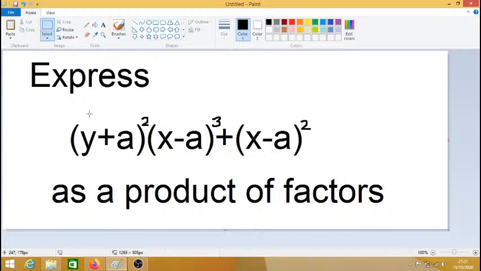Hopefully you've spotted the common factor. A little bit hard to spot correctly on this one. You'll probably get a version of it, but to get the exact version you'd probably have to look carefully at the powers.